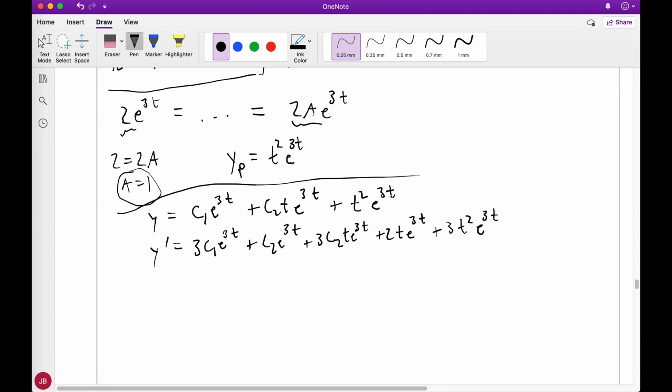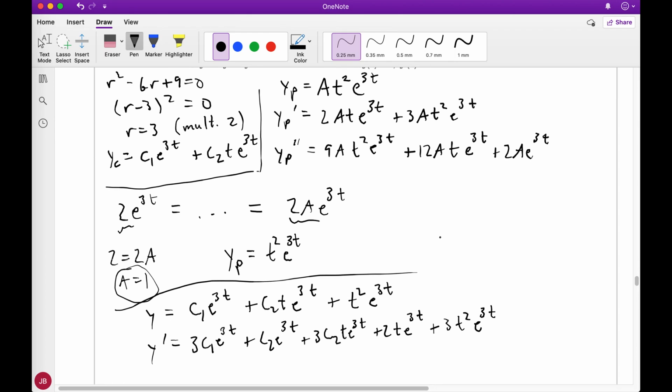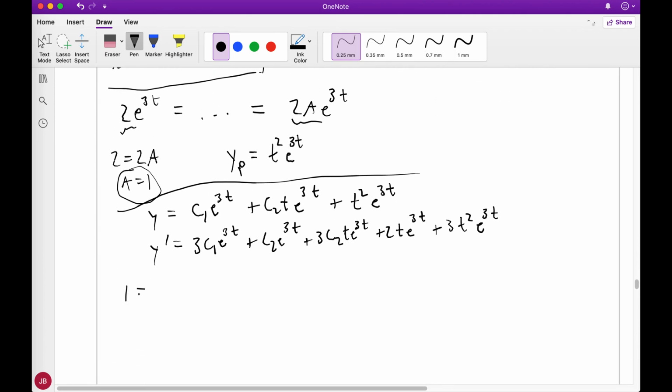all right, so let's go back to the initial data. 1 is what I get when I plug in 0 into the function y, when I plug in 0 for t. So you'll notice plugging in 0, all I get is c1, right? When I plug in 0 here and here, both of those terms vanish. So I automatically get 1 equals c1, so that's easy.